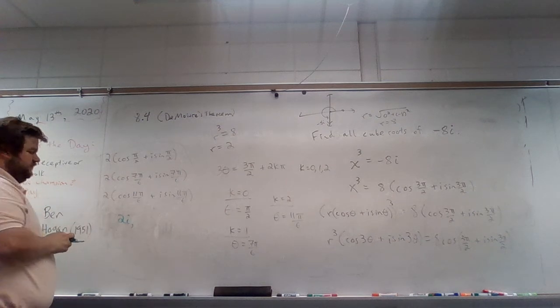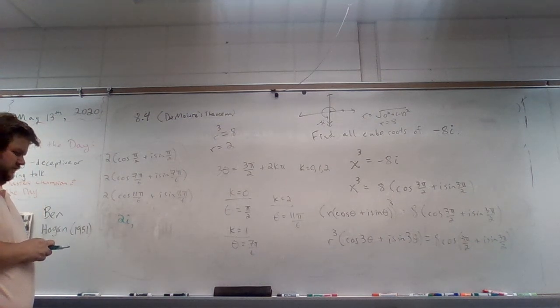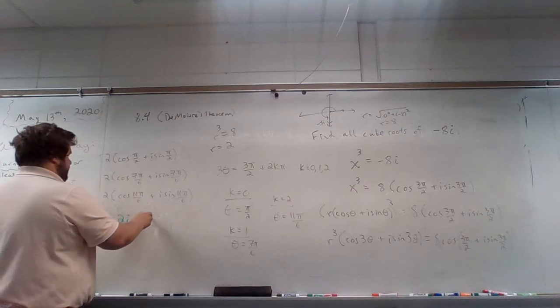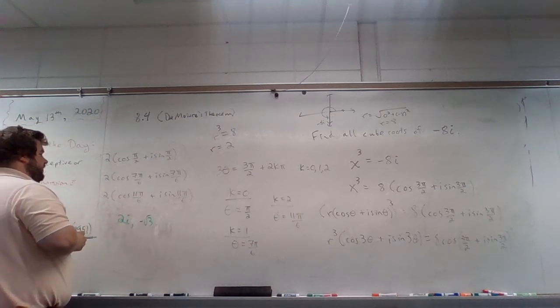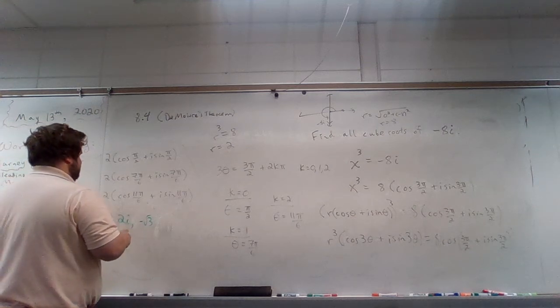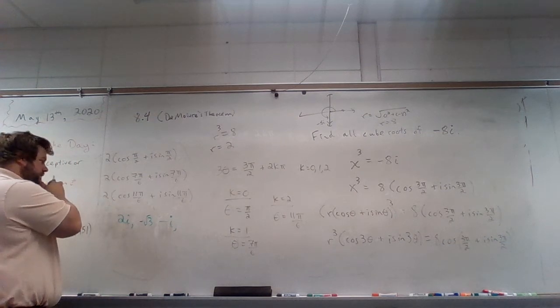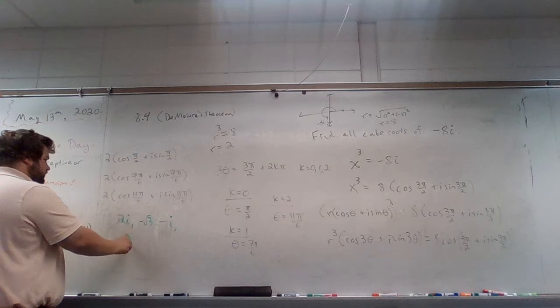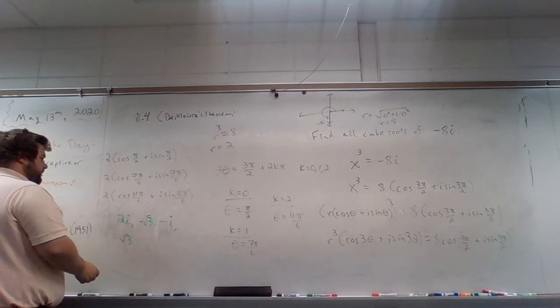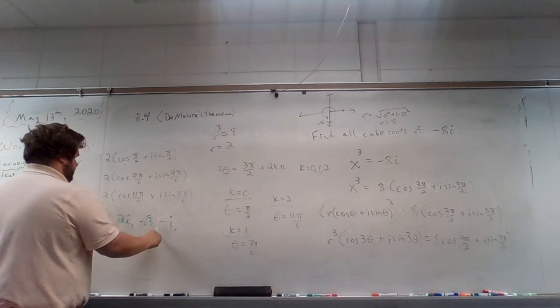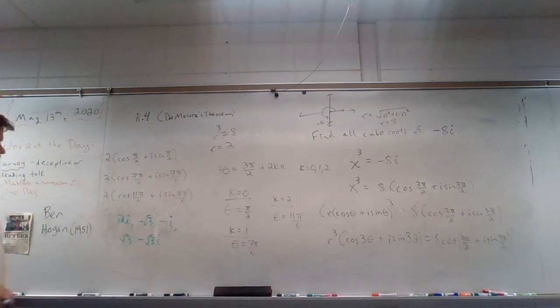This one, negative root 3 minus i. And then this one, root 3 minus i. Okay. Ostensibly, those would be it. Let me just check those real quick for you, make sure I made no errors.